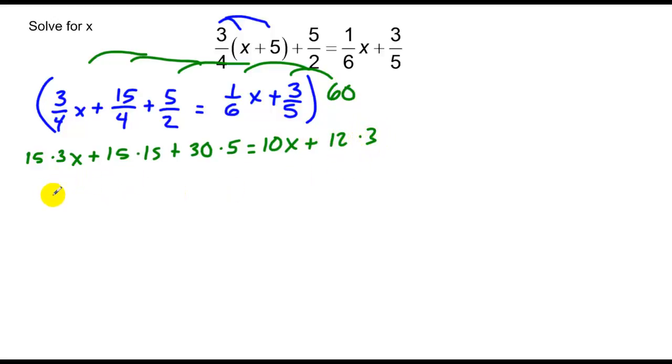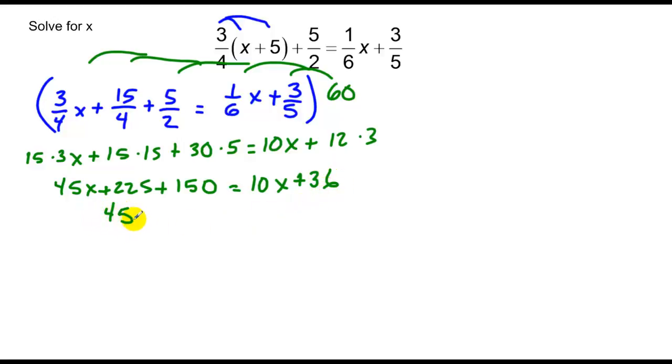Cleaning all that up, I have 45x plus 225, 15 squared, I believe, is 225, plus 150 equals 10x plus 36. I'll combine like terms, so I have 45x plus 375 equals 10x plus 36.